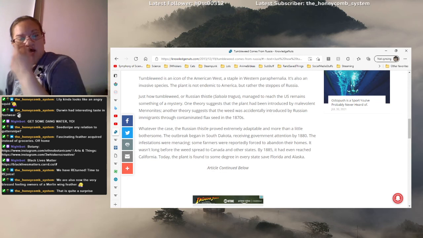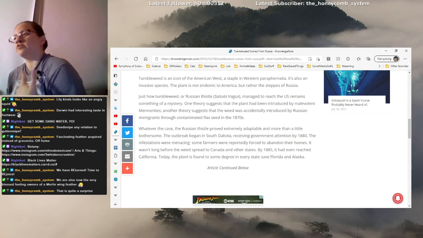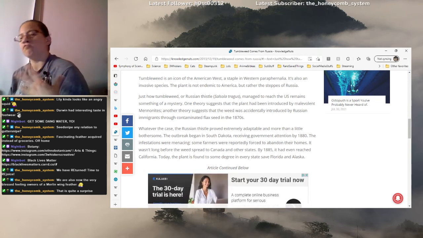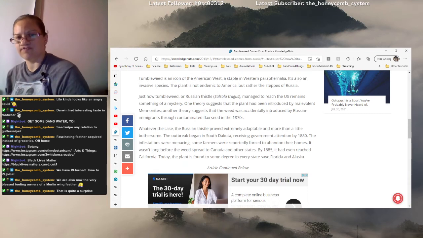Also, it keeps being referred to as a thistle. It was thought to be a thistle. It's not. It's an amaranth.